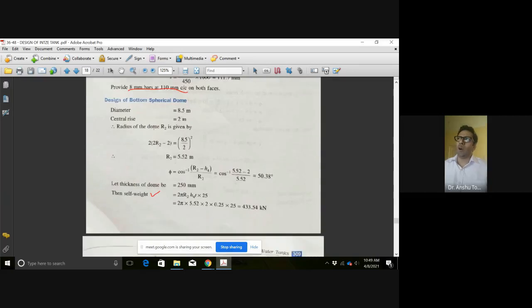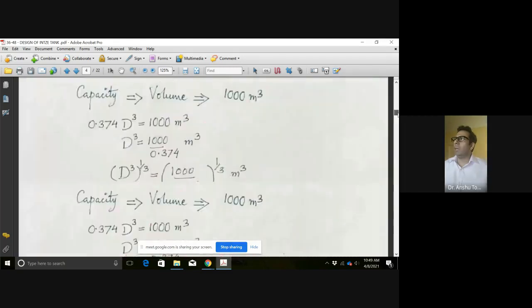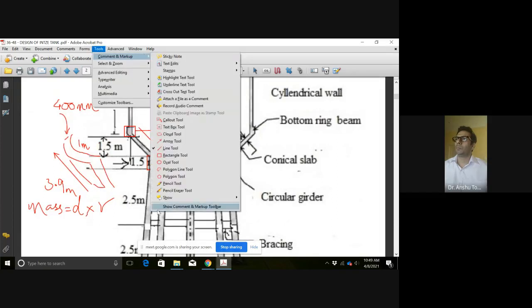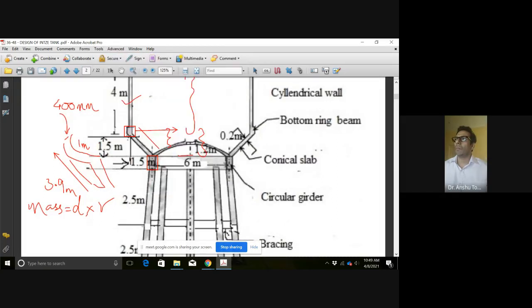Now design of the bottom spherical dome. You can see here, this is the bottom spherical dome. This is the volume we are concerned about.